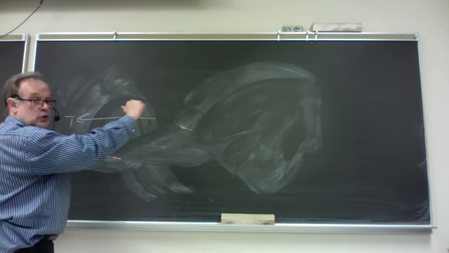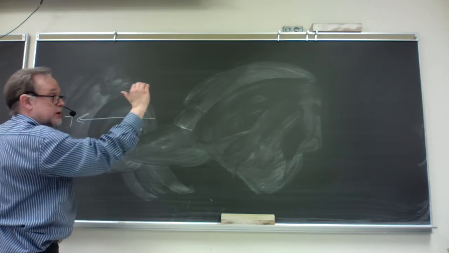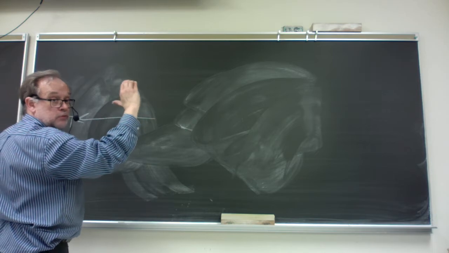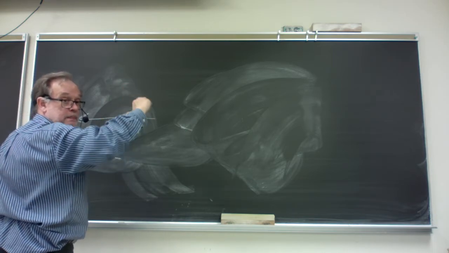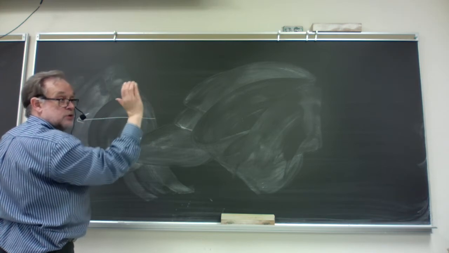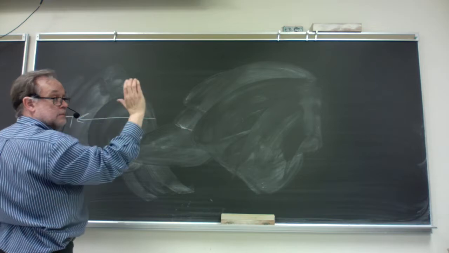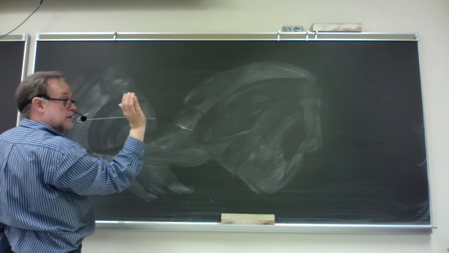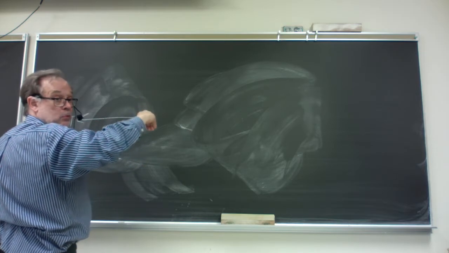Thumb in direction of the current, and then my fingers curl this way, so that when my fingers are above the current, which is represented by my thumb, my fingers are curling in a counterclockwise sense as I see it from over here, but they're also curling into the blackboard.